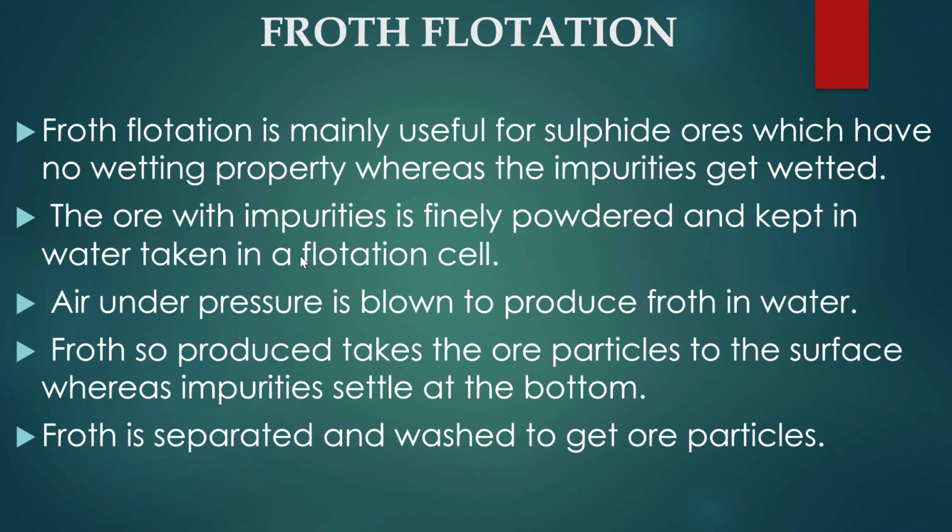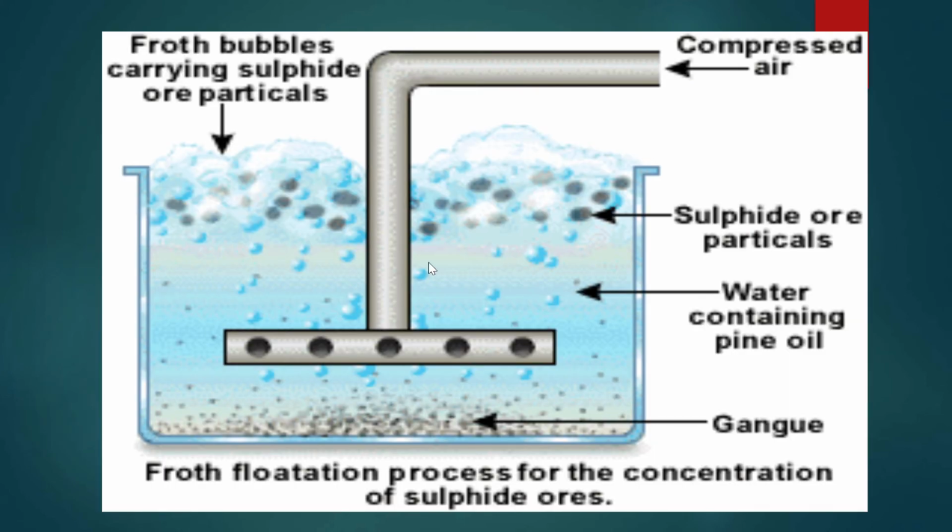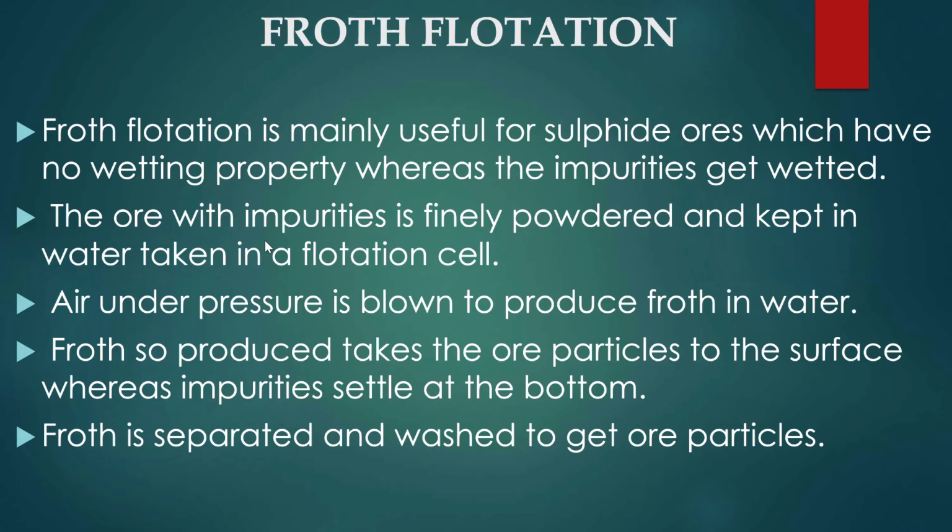The ore with impurities is finely powdered and kept in water taken in a flotation tank. You see here, this is your flotation tank in which the ore particles are mixed with water, and air under pressure is blown to produce froth in water.